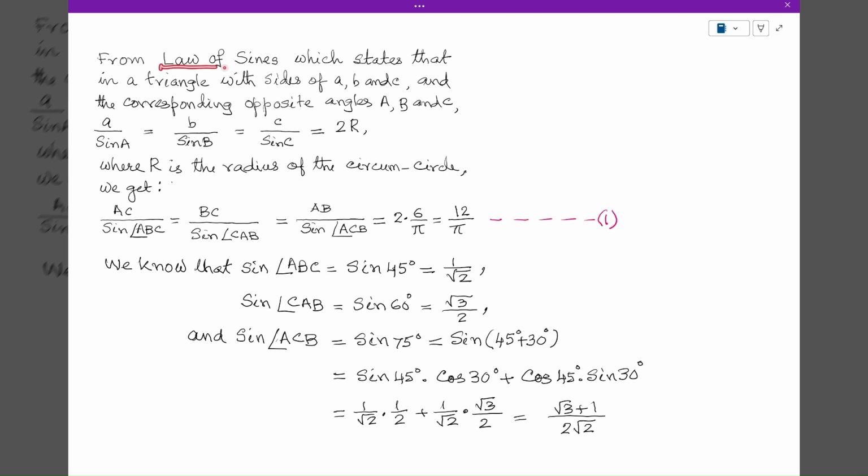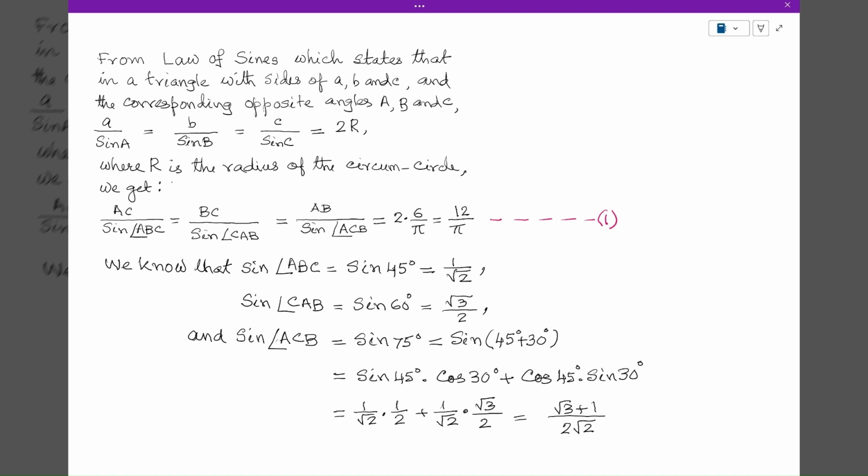From the law of sines, which states that in a triangle with sides a, b, and c and the corresponding opposite angles A, B, and C, a divided by sine A is equal to b divided by sine B is equal to c divided by sine C is equal to 2R, where R is the radius of the circle on which the vertices A, B, and C lie.